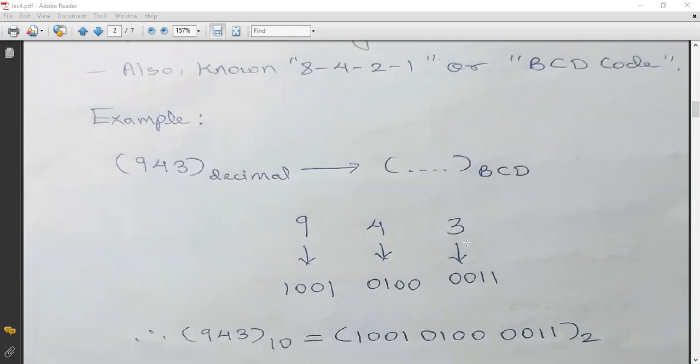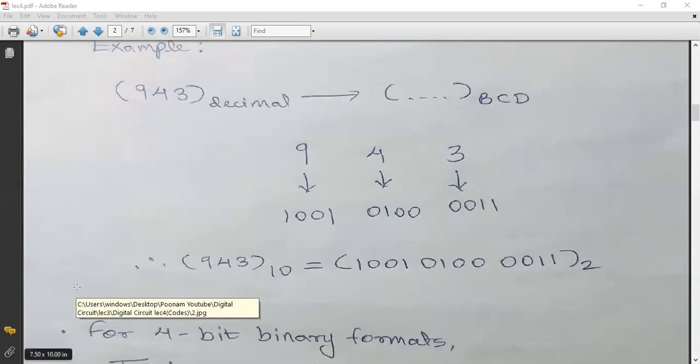So how are we going to start? First, we will write this number, that is 943, and we are going to write its 4-bit binary representation. So how is 9 represented in binary form? It is represented by 1001. How is 4 represented? It is represented by 0100. And how is 3 represented? It is represented by 0011.